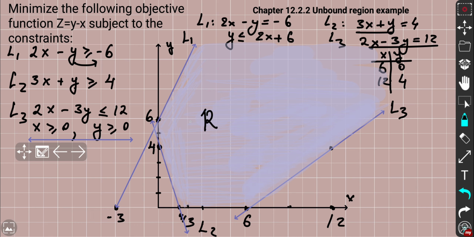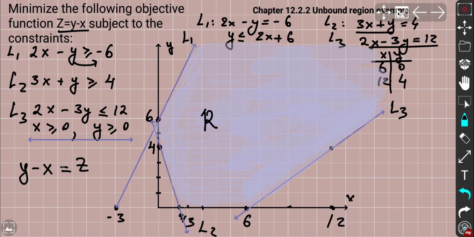Now we are going to minimize the value z, which is y minus x. So what vertices do we have right now? I'm going to use red color to indicate the vertices.